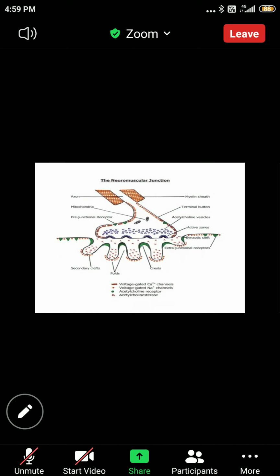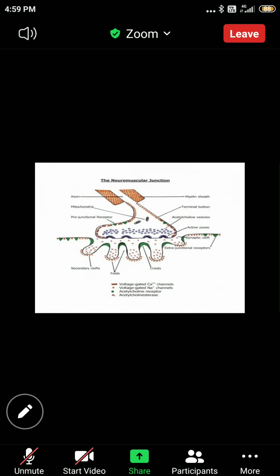So all of you have understood how the moment influx of sodium occurs, it leads to the depolarization of the membrane. So positive ions will become more. So both sides of the muscle membrane will get depolarized. That's how transmission of impulse passes from the nerve to the muscle.